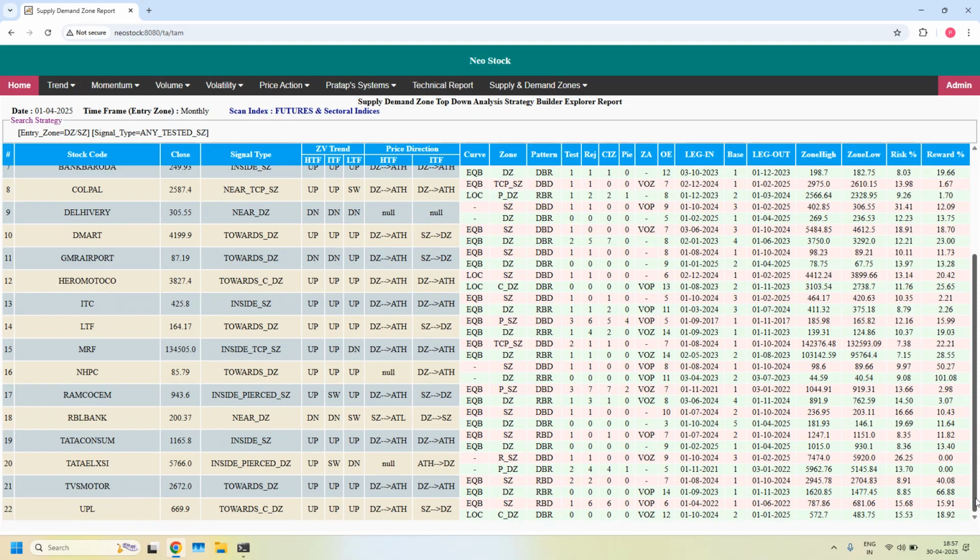So total 22 stocks having monthly supply zones are tested during this week. See RBL Bank, the supply zone is tested and now price moved near to the demand zone. That means this zone might have given you a very good profit during this month.